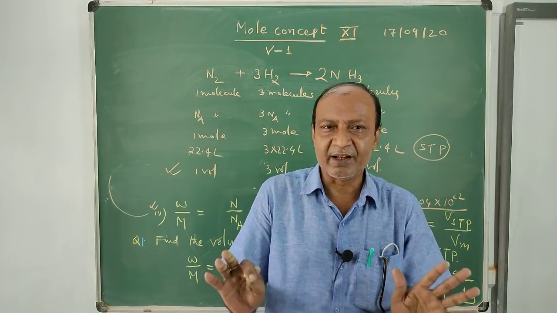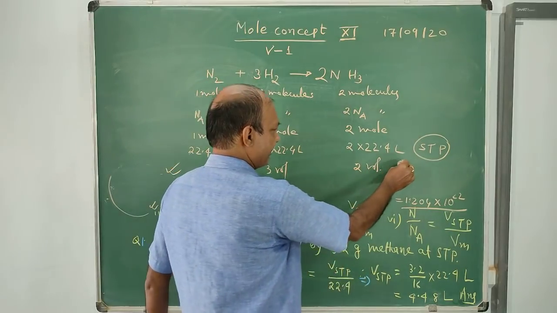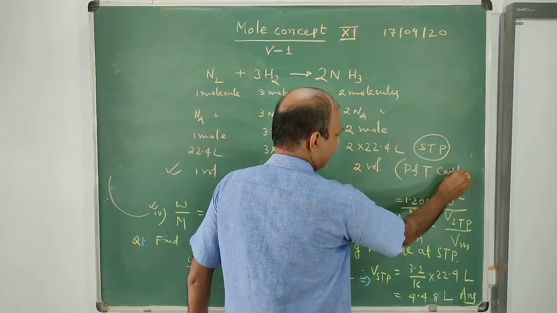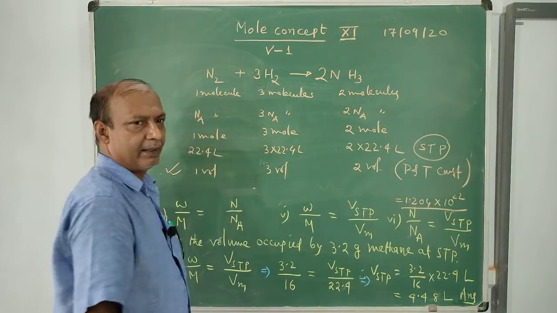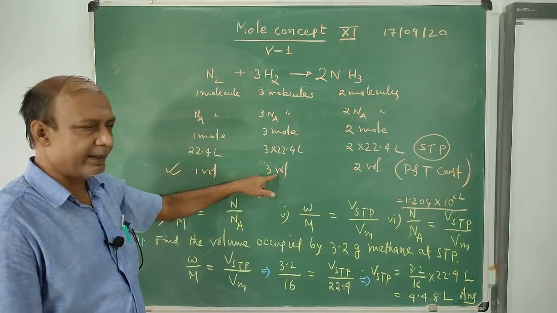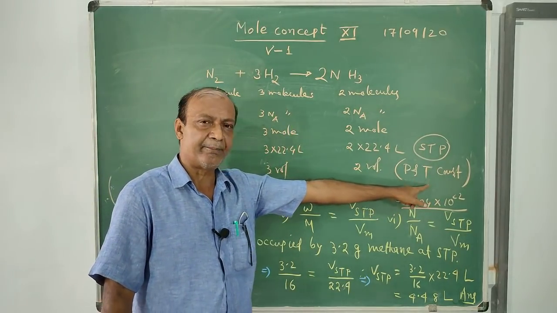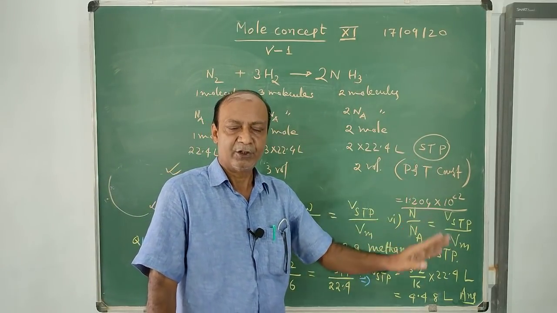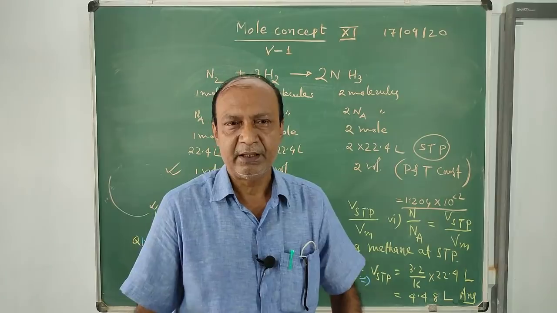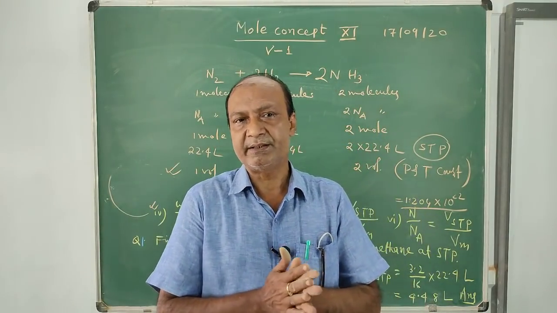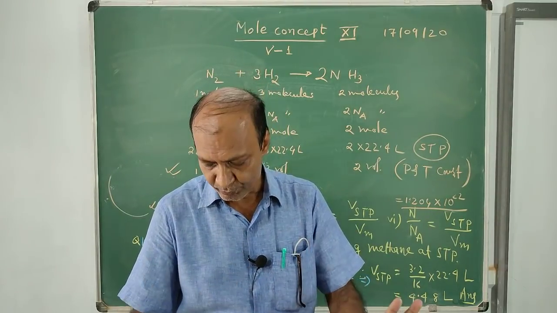The pressure and temperature must be constant for all the measurements. So at a given pressure and temperature, they will follow volume combination. This law is known as Gay-Lussac's law of volume combination.